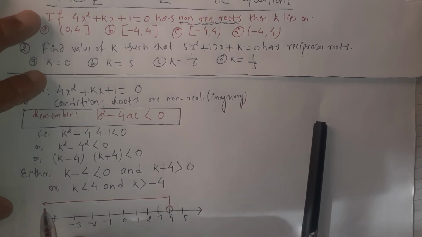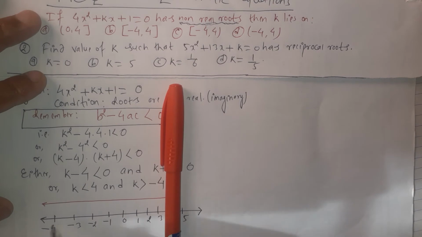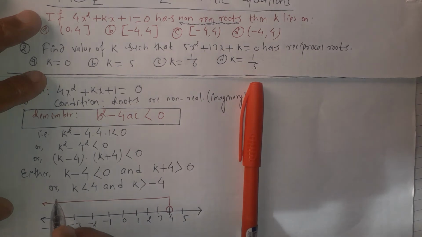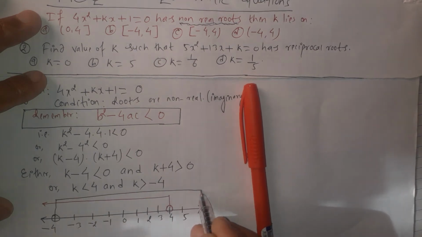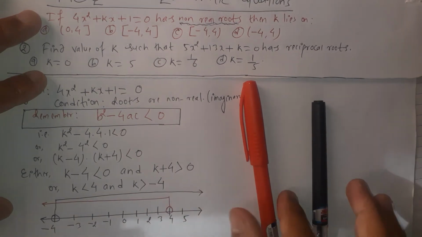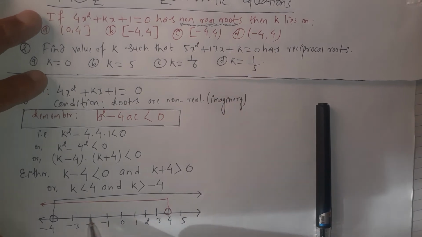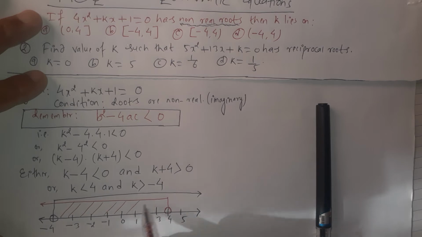This is the solution set for k less than 4. Similarly, k greater than negative 4. Here is negative 4, and greater than negative 4. These are the solution sets for both inequalities, and the common part is this range. The shaded portion represents the common part.